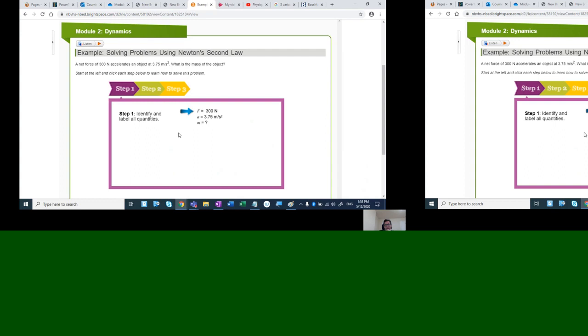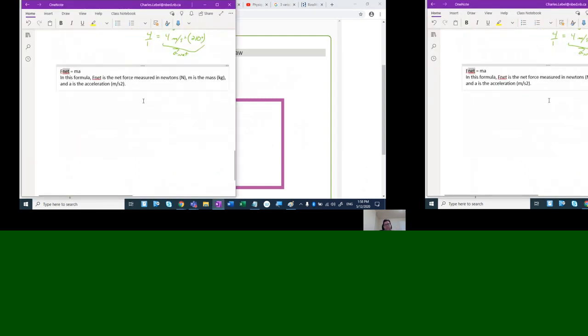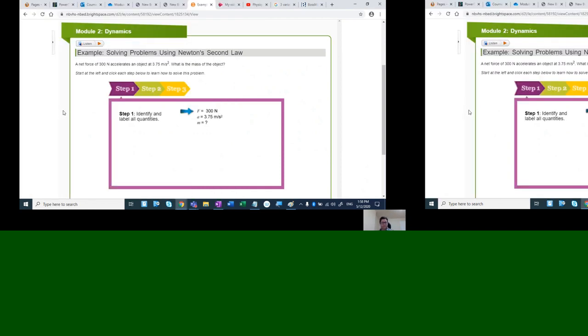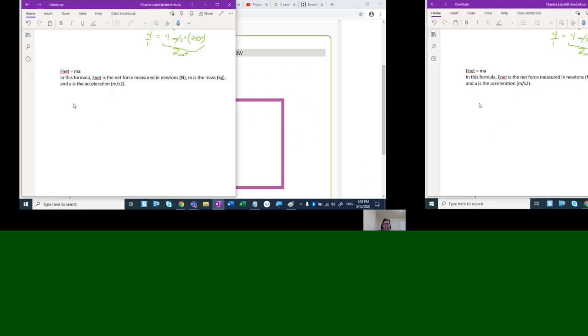So we're going to use that formula, F equals ma. We're going to write down the information. Okay, this is a problem. We read a net force of 300 Newton. You write that down.